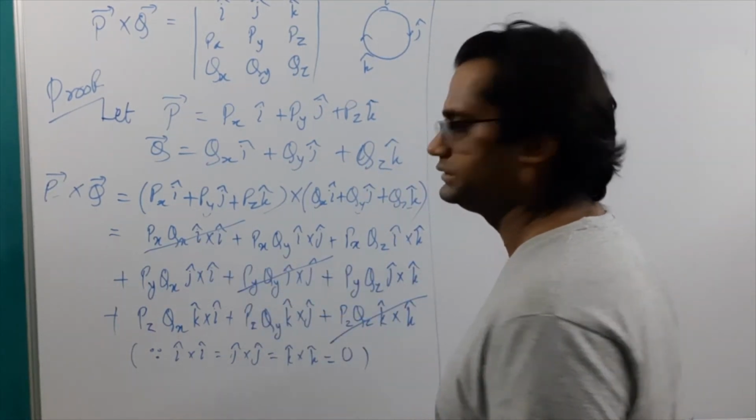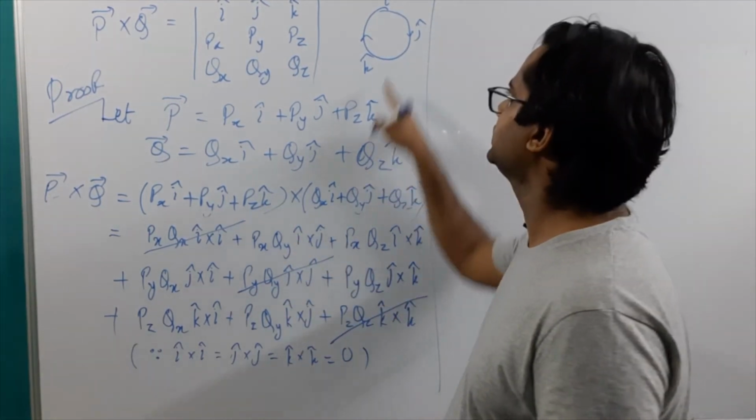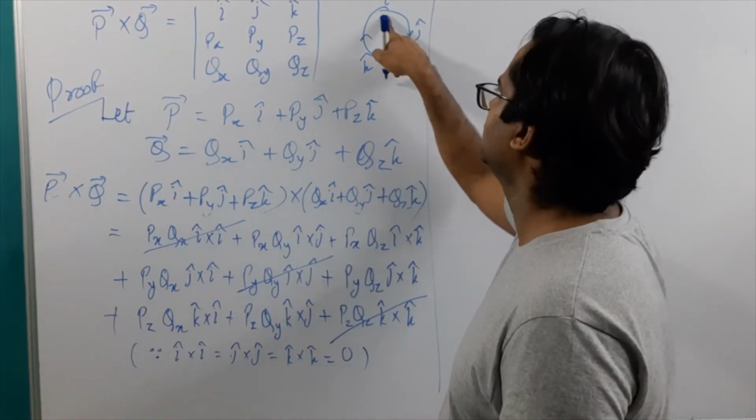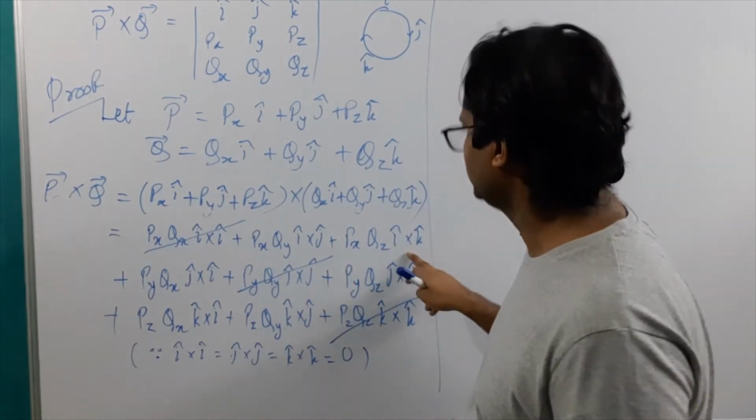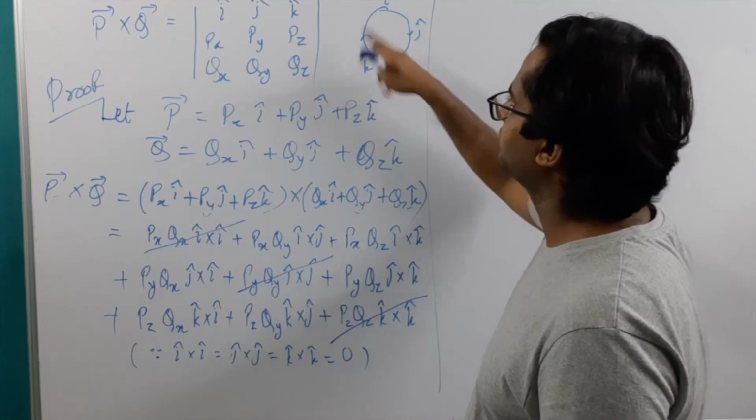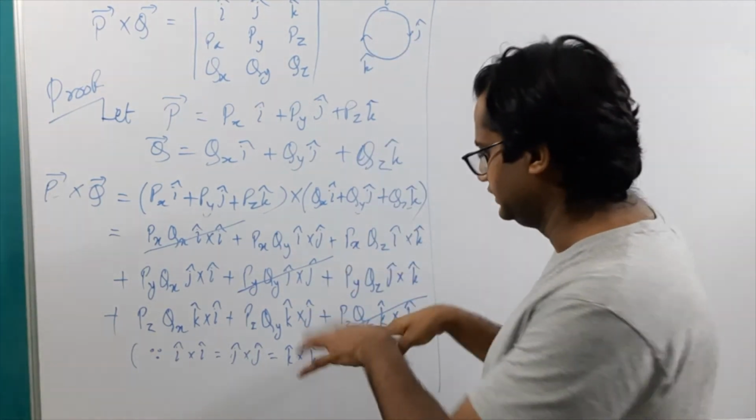So I can cut these terms. What about i cross j? We know from the cyclic order that i cross j is k, so in place of this term I can write k. I cross k, we are going in reverse, so i cross k will be minus j. So let us write all these things.